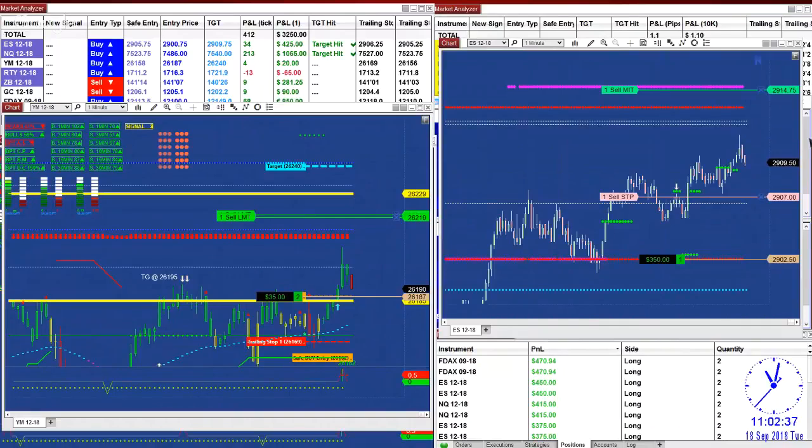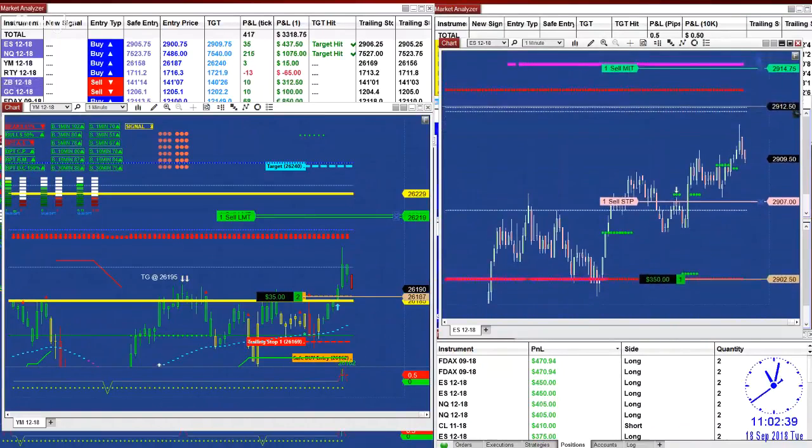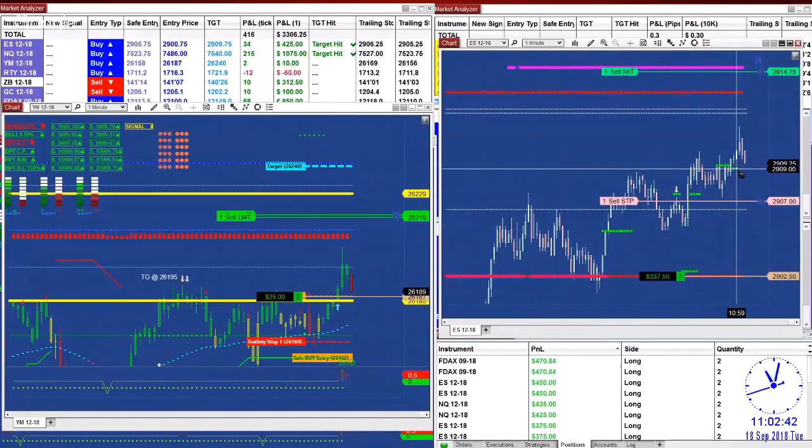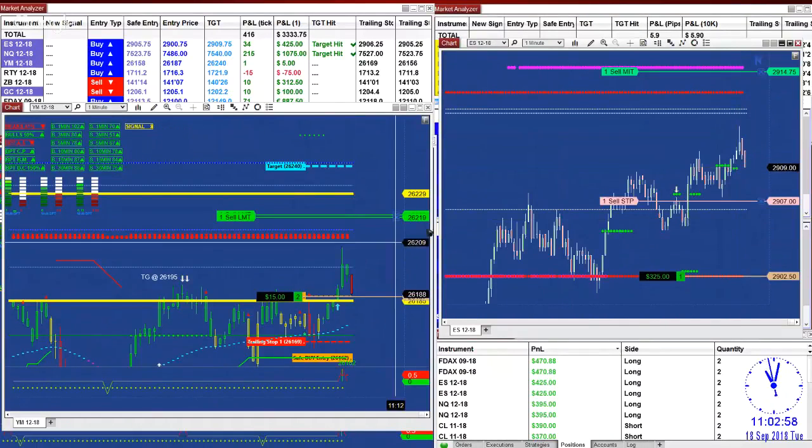Now we need to see if this ES is going to hold at 909. If not, then close that trade. It is very important that 909 holds on the ES. Anything below that, close the position, please.